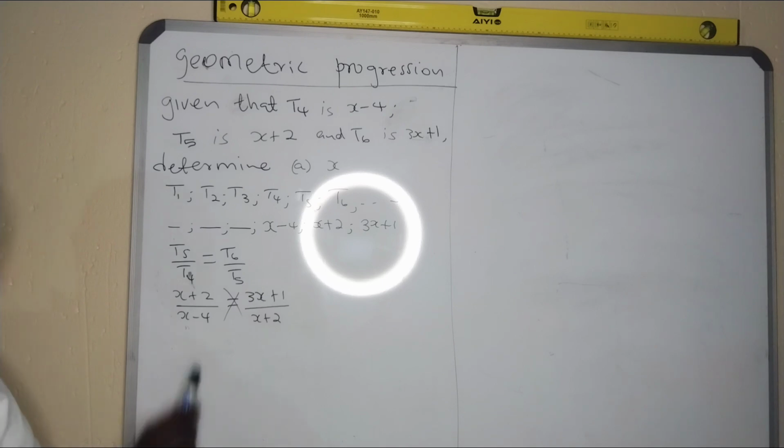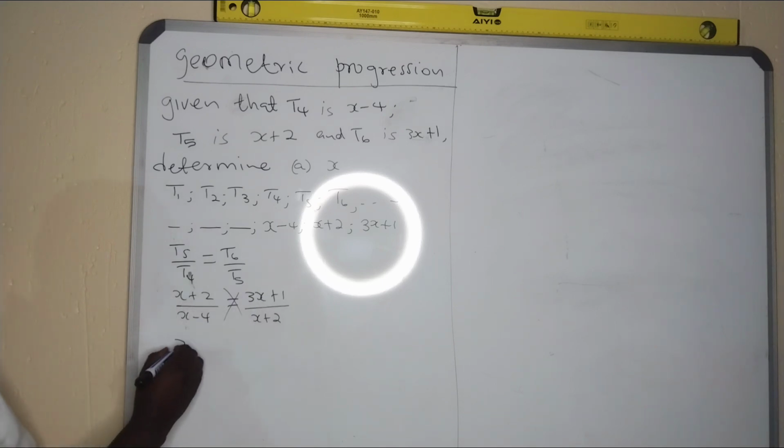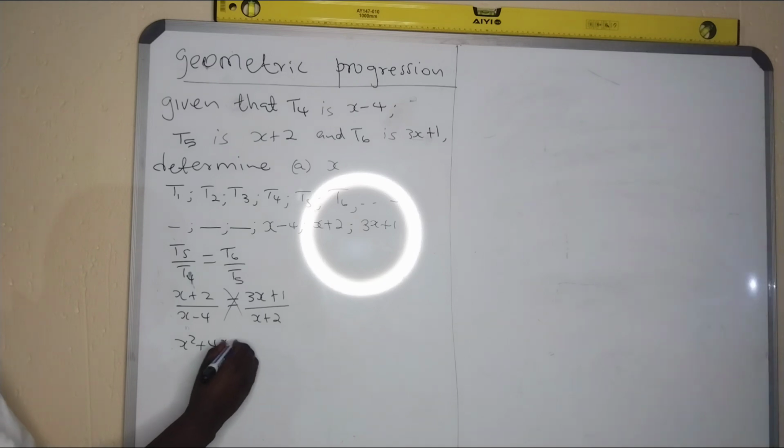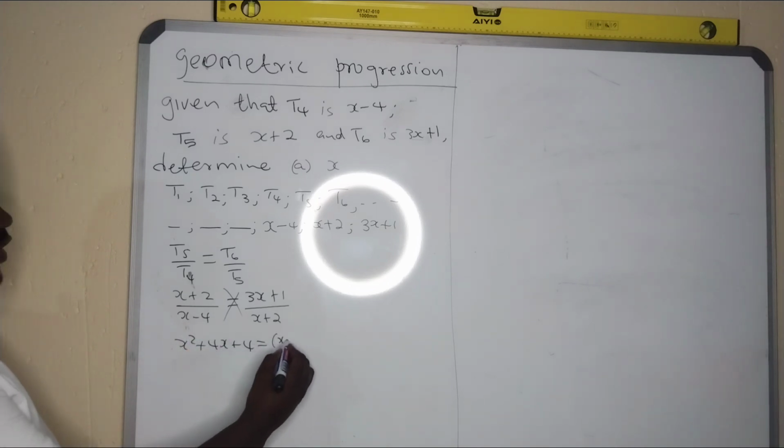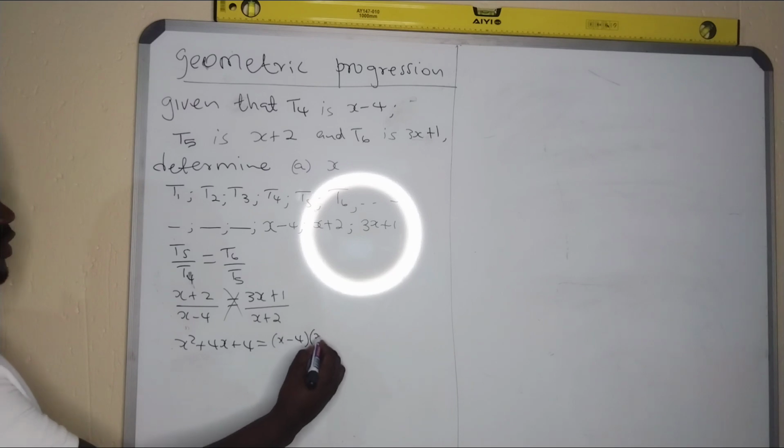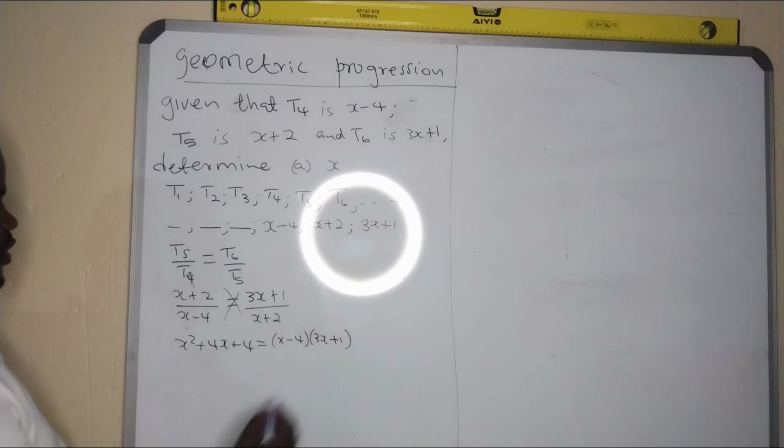When I cross multiply, that will be x squared plus 4x plus 4. Then the other side, I'm going to take it step by step, is x minus 4 into 3x plus 1.